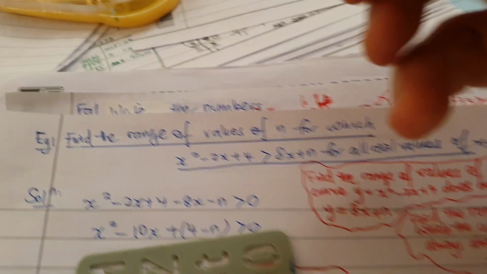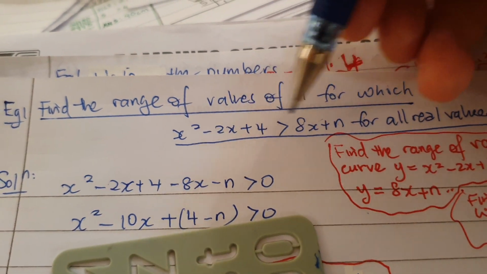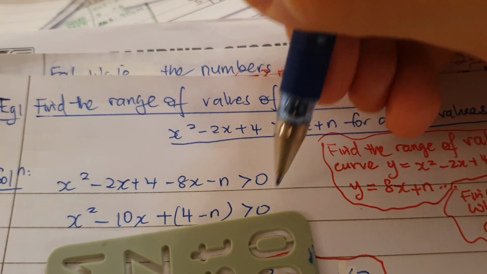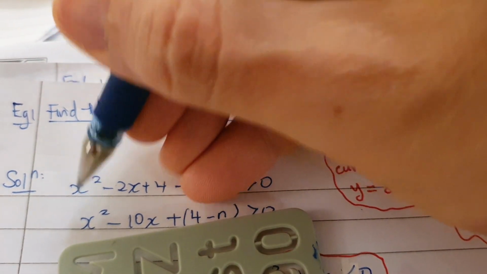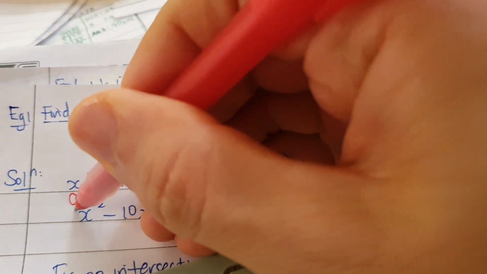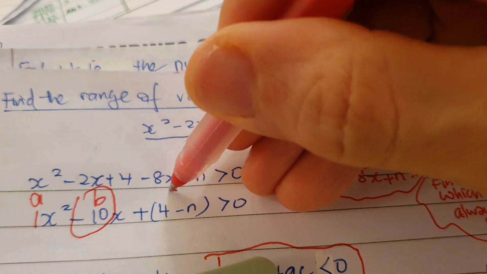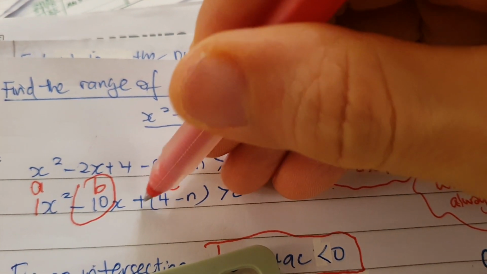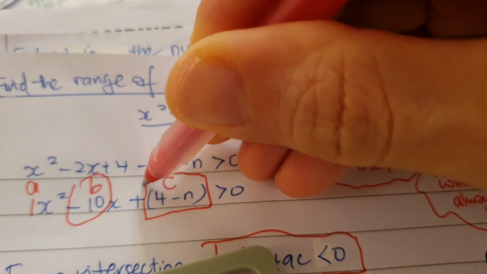So you must convert this, although it's an inequality, you must convert this to 0 on the right hand side, so that the left hand side is in the form ax squared, this is your a, which is 1. This is your b, which is minus 10. And this is your c. I like to put the c with a plus here, then everything in my bracket is my c.